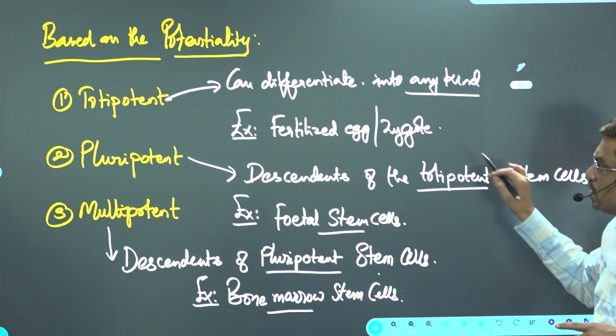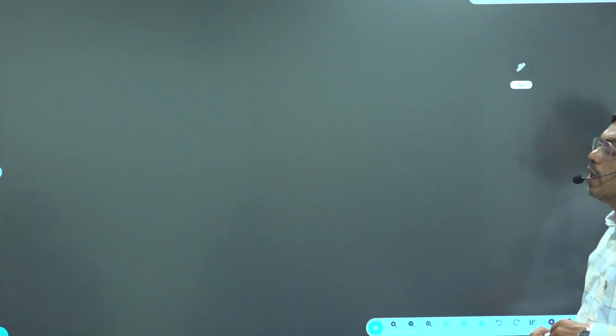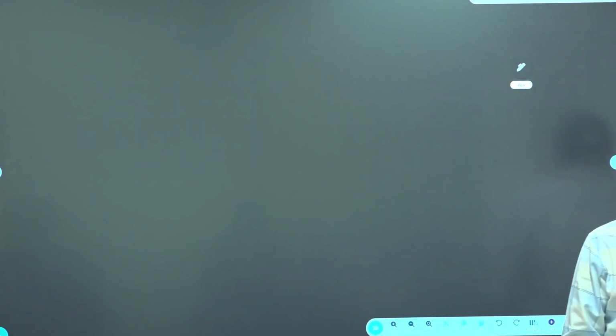So these are called stem cells. Okay, the stem cells are broadly divided into embryonic stem cells, fetal stem cells, adult stem cells based on their origin. Based on the potentiality or differentiation capacity, they may modify into totipotent, pluripotent, and multipotent stem cells. Then what are the applications of these stem cells?